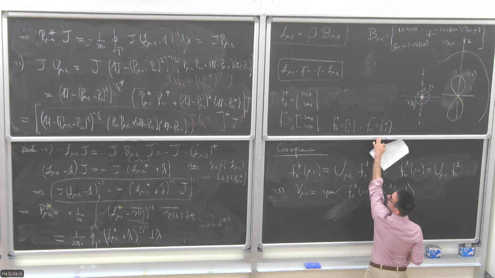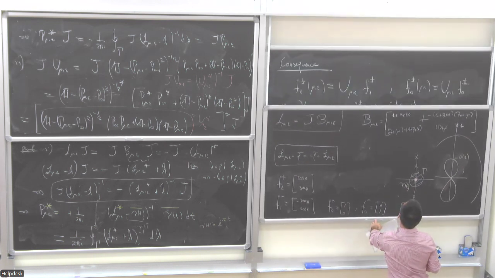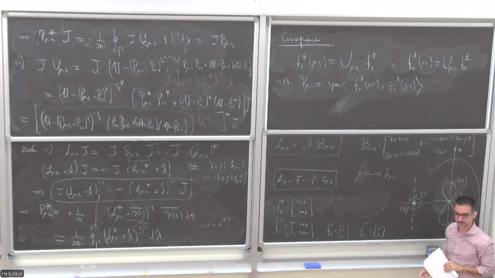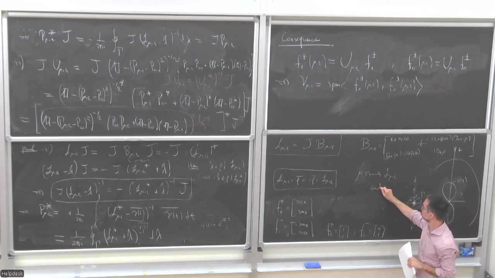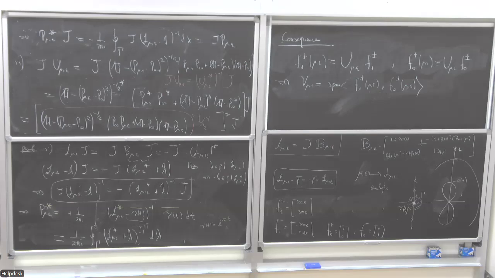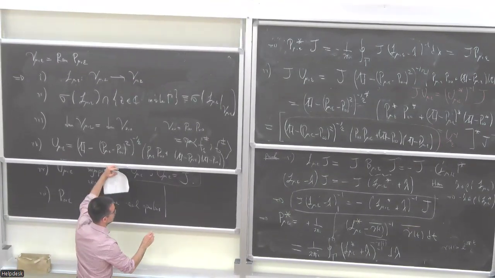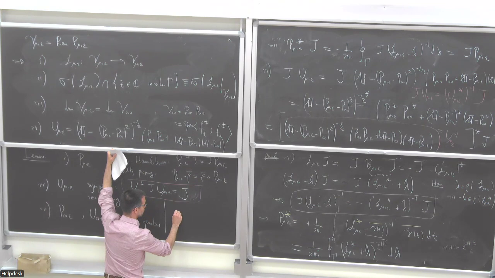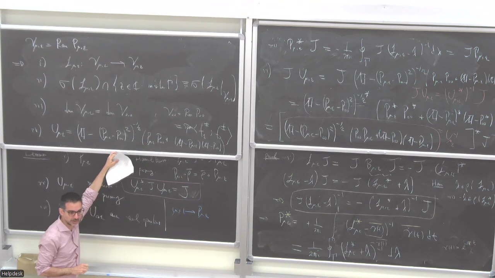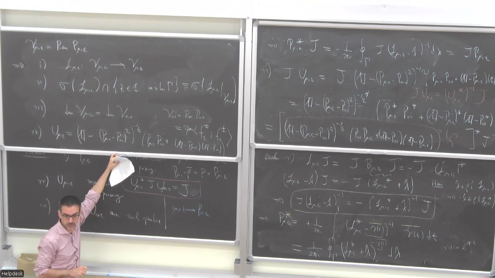The map that to mu epsilon associates L mu epsilon is analytic, because the object depends analytically on epsilon. And so the map mu epsilon to the spectral projectors, where mu epsilon enters just in the resolvent, is also analytic.